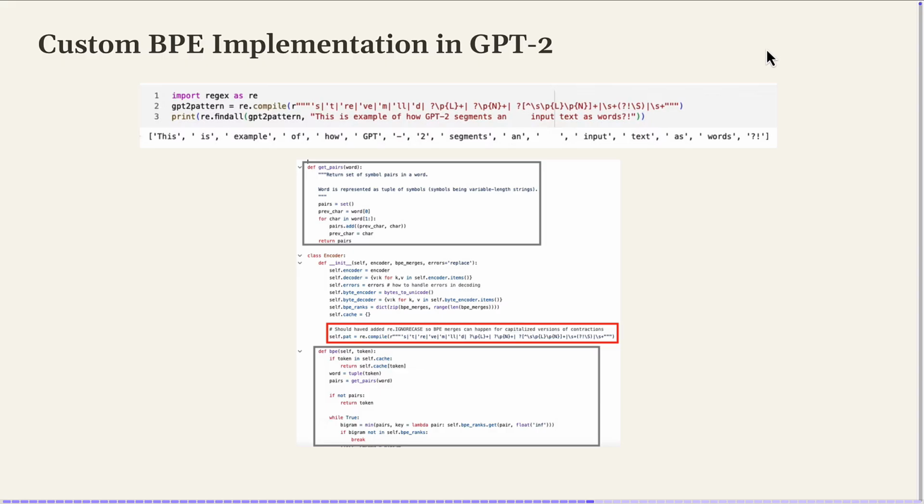Just to get an intuition about its output, imagine that you provide a sentence like this, and look, I've put several spaces, and I have put a question mark and an exclamation mark. When I apply this regular expression, using regex, which is a Python library, to find all sequences based on this regular expression, it tokenizes it in this way.